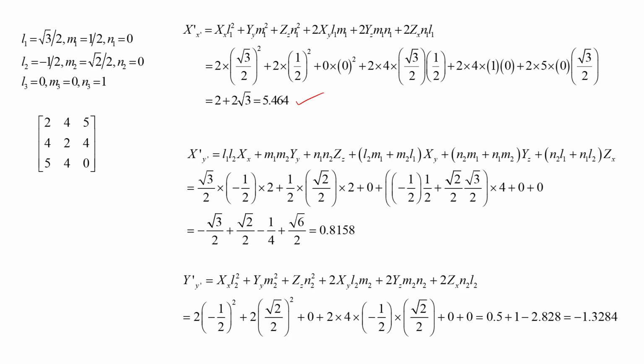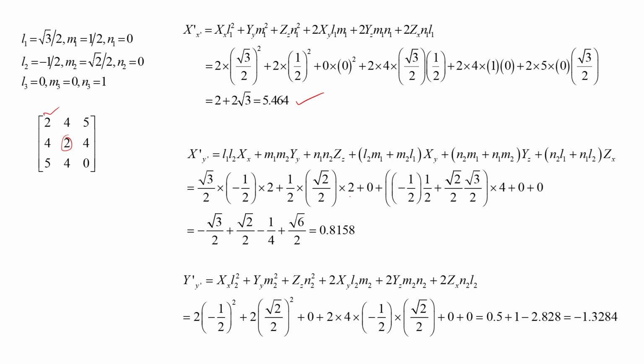So, it comes out to be about 5.464. Like that, we can also write down sigma x dash y dash: L1 into L2 into sigma xx. L1 is equal to root 3 by 2, L2 is equal to minus half, and sigma xx is equal to 2 here. Plus M1 M2, where M1 is half and M2 is root 2 by 2, and sigma yy is equal to 2 here.